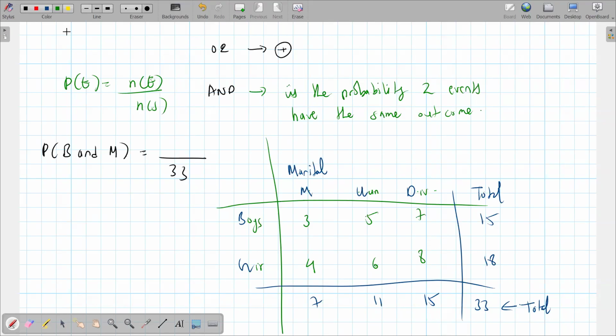Married, so you're looking at boys who are also married. Both of those conditions have to be satisfied. The condition of boys has to be satisfied, so we're going this way. And the condition of marriage has to be satisfied, so we're going this way. And the answer, the and component, is going to be wherever they intersect. 3. So the answer here is going to be 3 over 33.